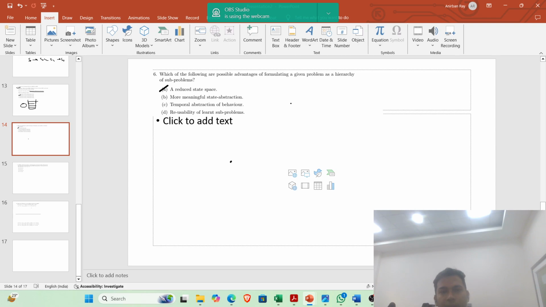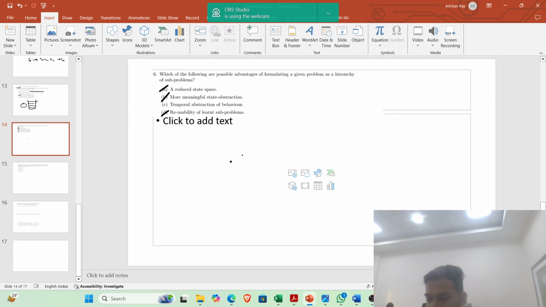So the point is the state abstraction. The smaller state spaces that are created, you can use them again and again. This is a reusability thing. They're like smaller blocks which can be used again and again.